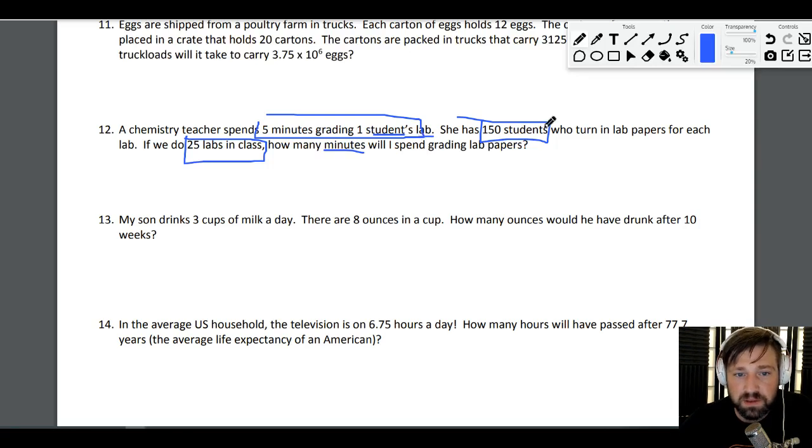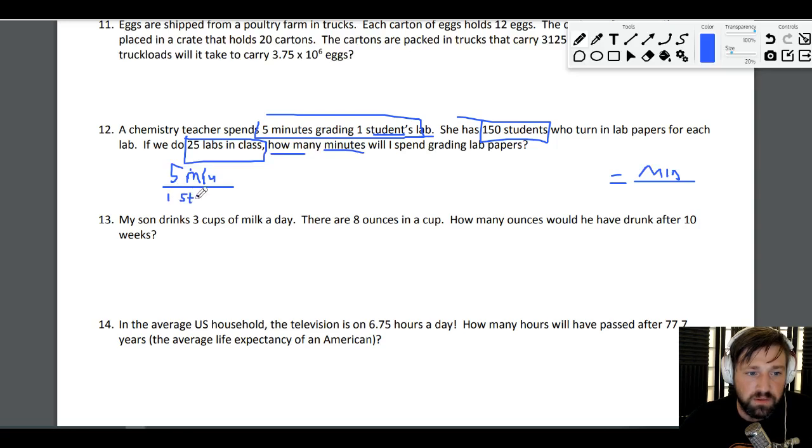I'm going to get rid of students and I'm going to get rid of labs. So let's go through and do it. What are we actually looking for? How many? That's kind of my keyword that I look for. How many minutes? All right, I need minutes over here. Minutes on top. Which one of these has minutes in it? Right here. So it's 5 minutes over one student lab.